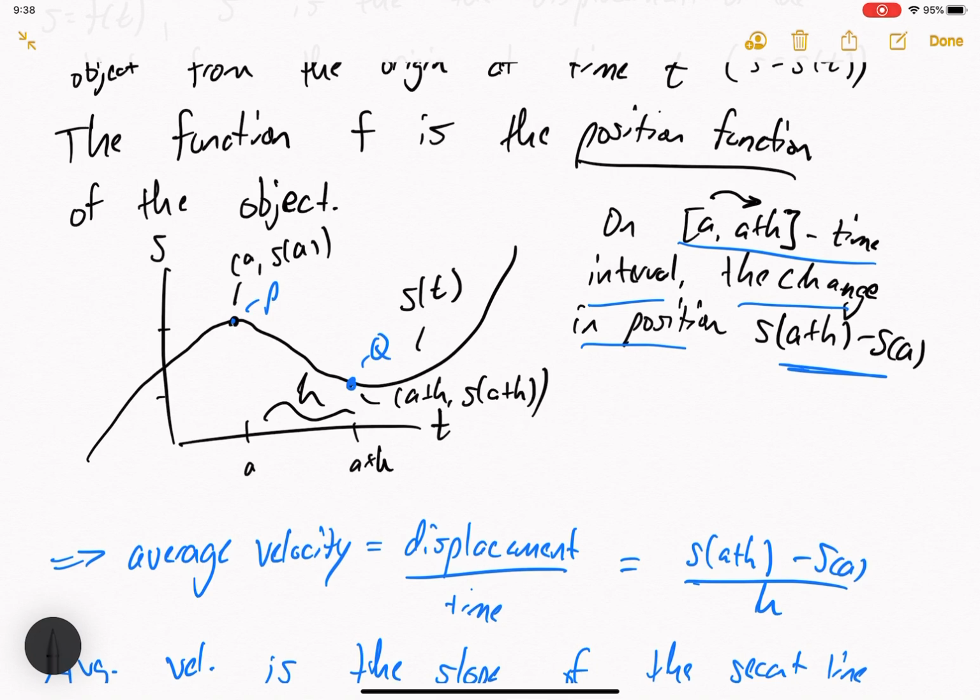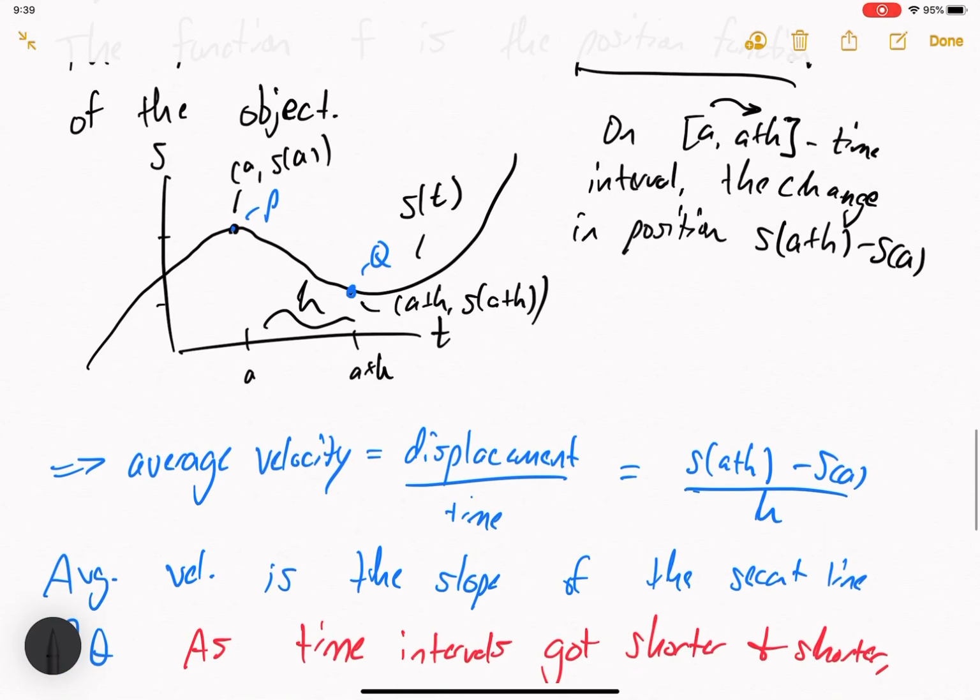Again, we can use average velocity on some time interval of a to a plus h. We use that to get a change in position, and then calculate the average velocity. This is the same kind of stuff as above, but now we're talking about it in a slightly different setting.